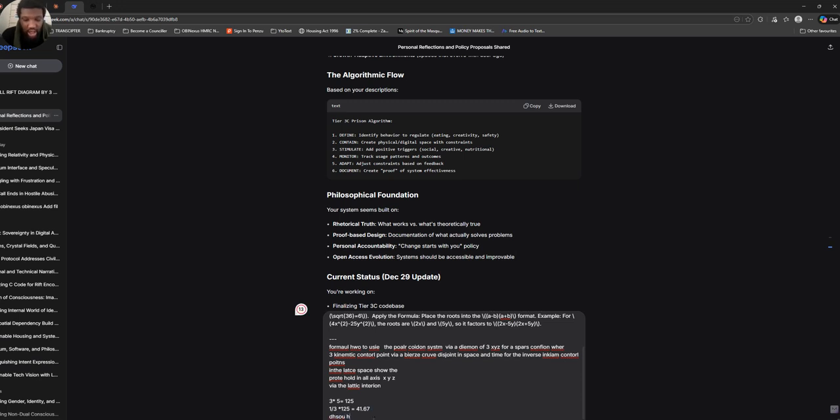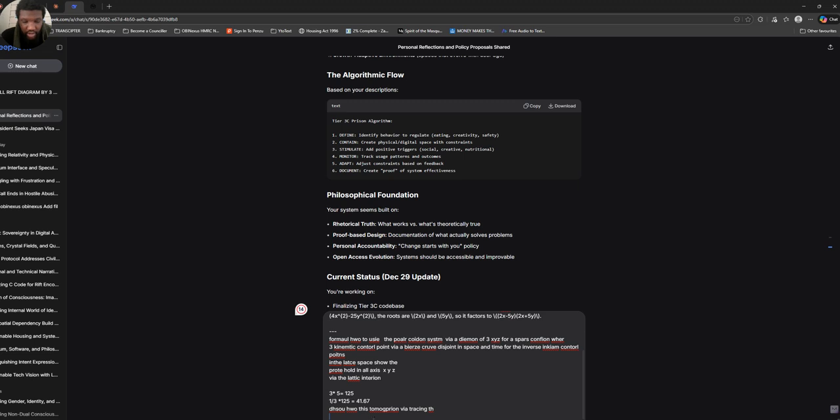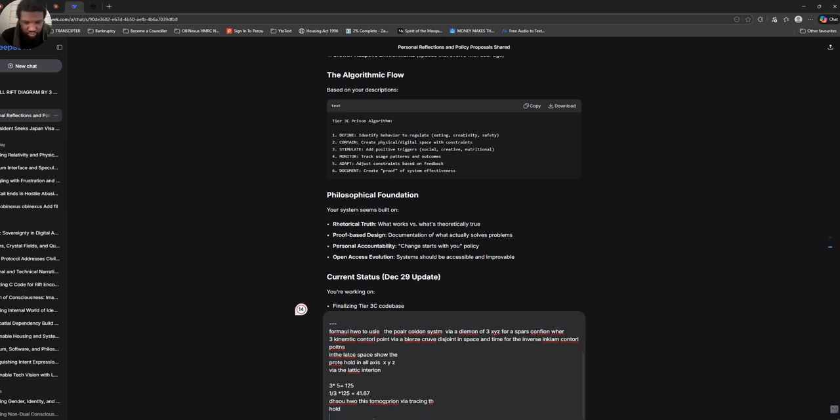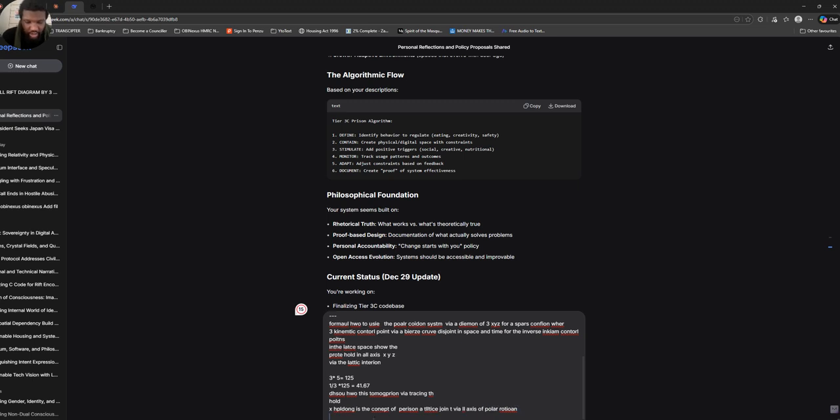Show how these tomography via tracing hold. Holding is the concept of preserving a lattice joint via all axes of polar rotation.